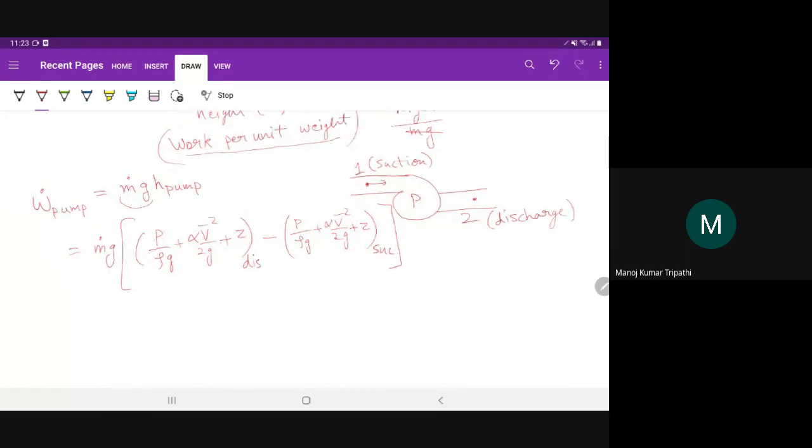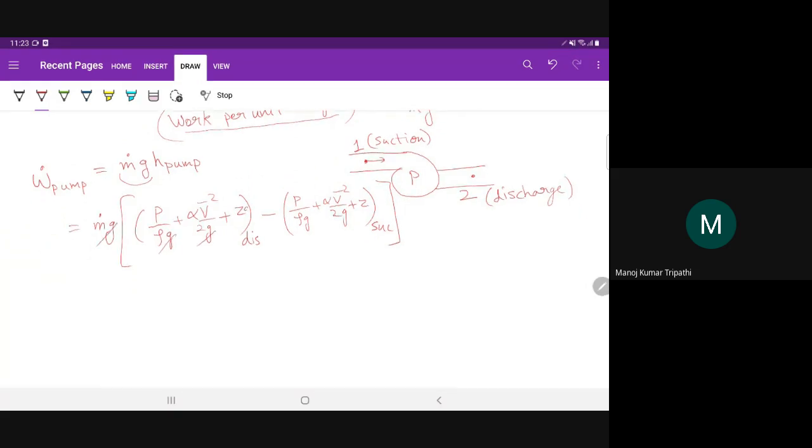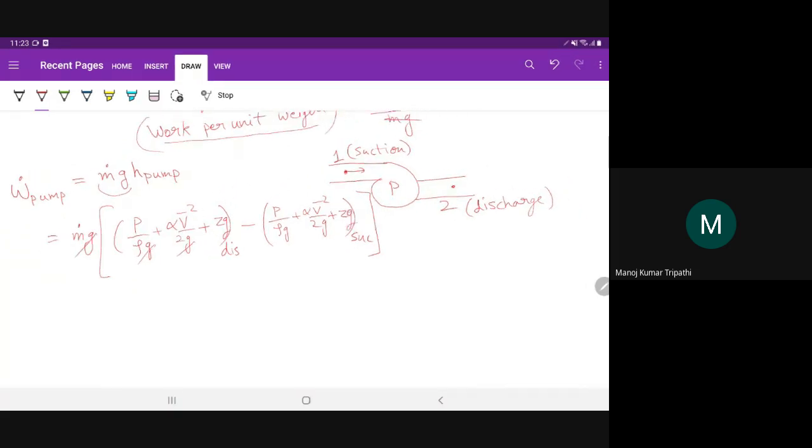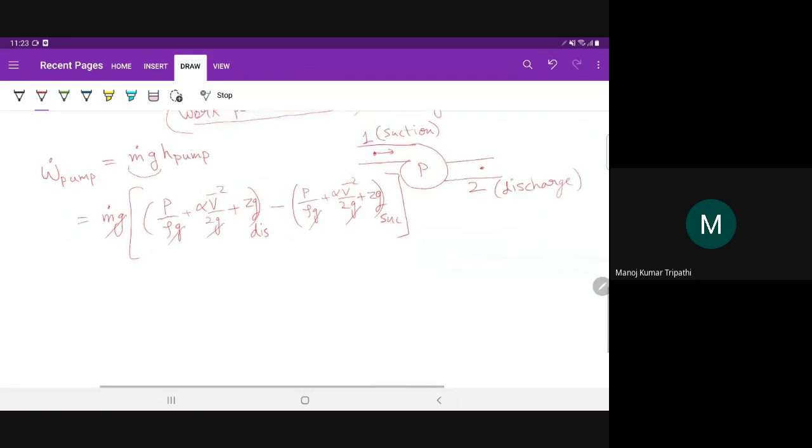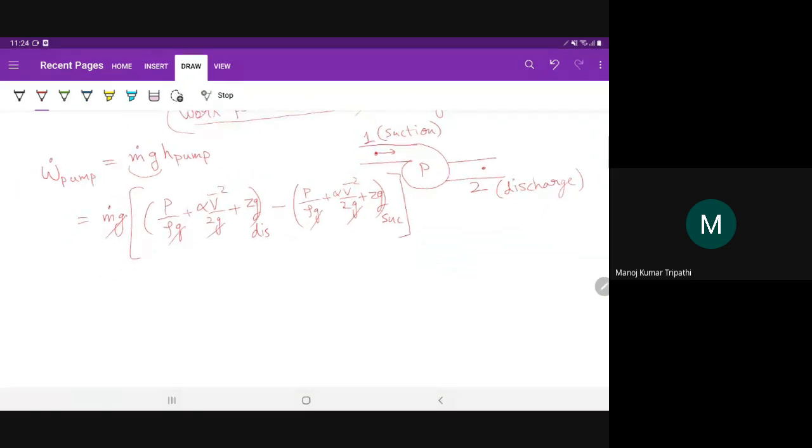Or you can take this G also inside, then this G will cancel out and you will get ZG here, and these two G will also cancel out. So this is how you can get the work done by the pump on the fluid. This is the head raised for the fluid.